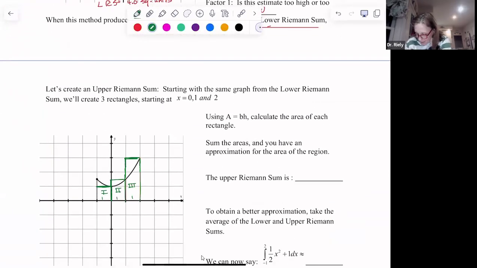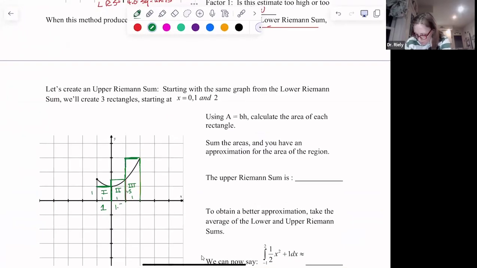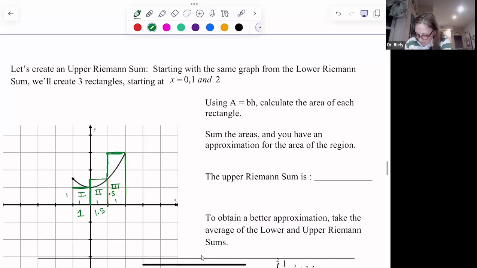So when I look at that, I'm seeing my height when I went up was 1. So this is 1 times 1. So it's going to be a 1 square unit. When I hit here and I went up and across, this was 1.5. So 1.5 times 1 will be 1.5. This last one, when I went up, I really went up. So I went 1, 2, 3.